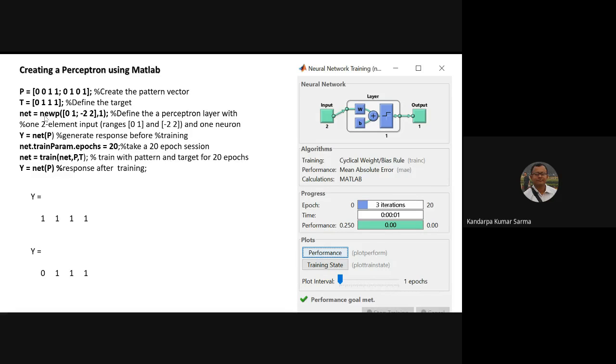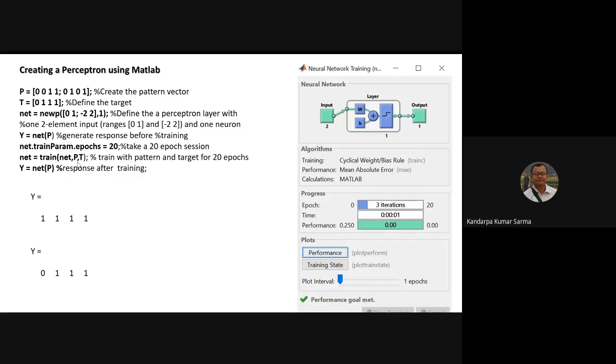We will use a 20 cycle session for doing the training. So here we write it like this: net.trainParam.epochs is equal to 20. So 20 such training cycles will be run, and then we will run the training by the use of the built-in function train. That same net variable will now hold the trained network once we complete the training.